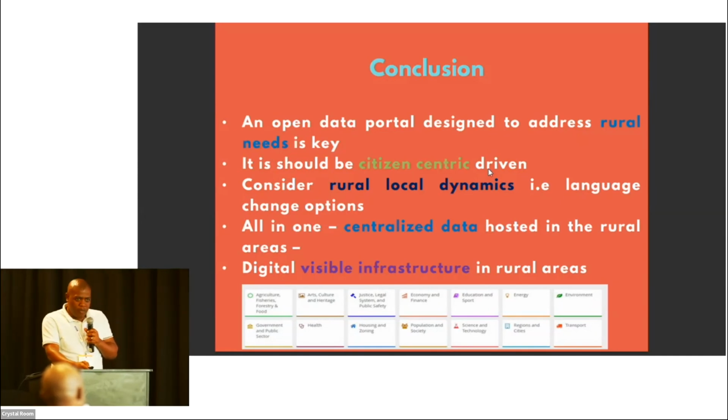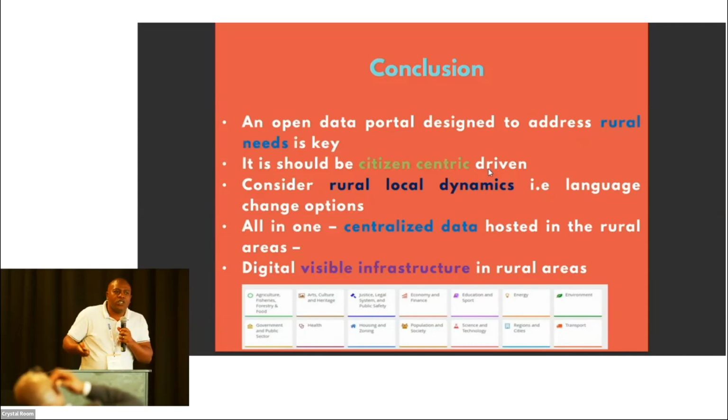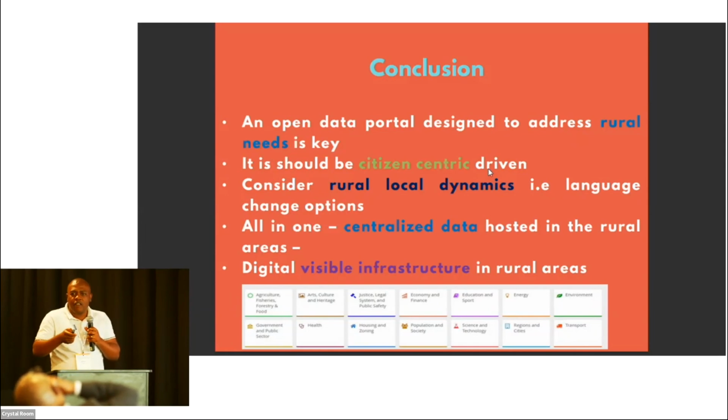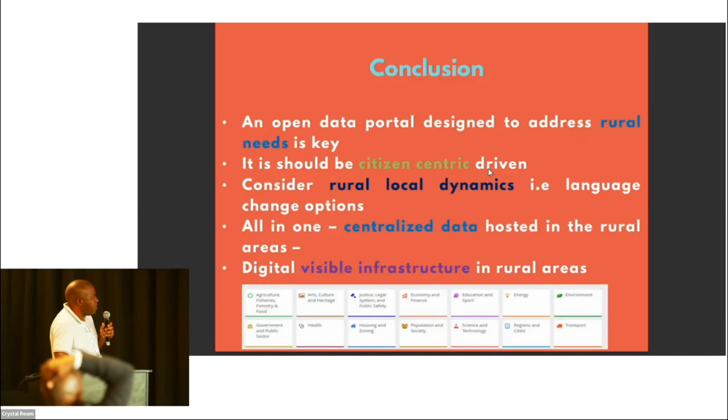Whatever we try to do provides a solution, but not a solution enough, because it won't be sustainable if they are not involved. The moment those people are not involved, acceptance will be difficult. So let's go for a citizen-centric driven approach where you go to the people, you understand their needs, and get to know them.